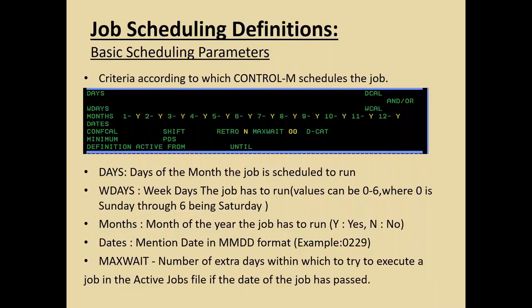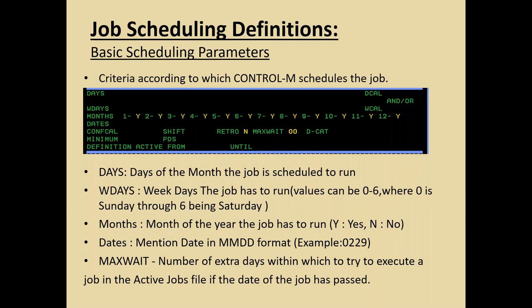Your second screen here explains the job scheduling definition. Basic scheduling criteria are given here. You can see months written, whereas 1, 2 up to 12.